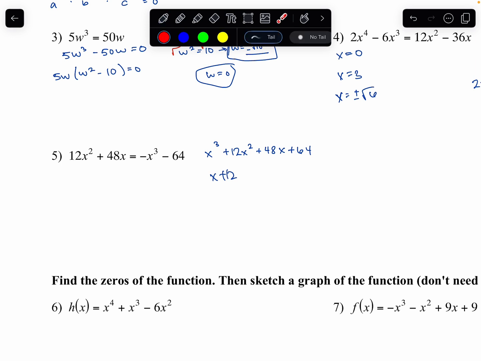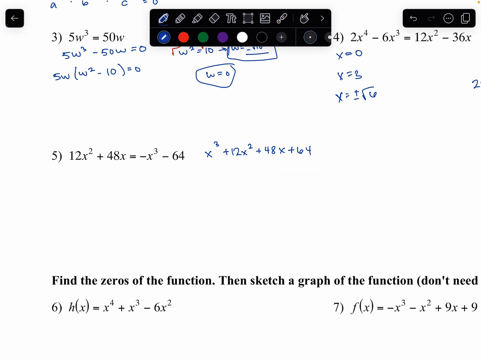If I want to get x plus 12 on this side right here, I can't, because I'd have to factor out a 48 for that to become x, but 64 does not have a factor of 48, nor would I get x plus 12 even if I did take it out. So this is not factorable.